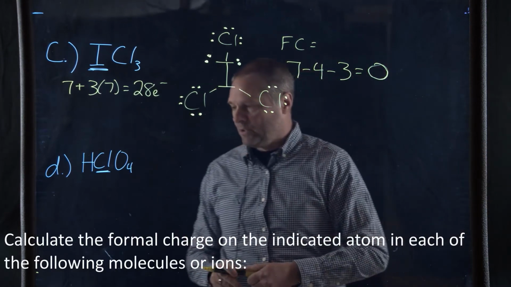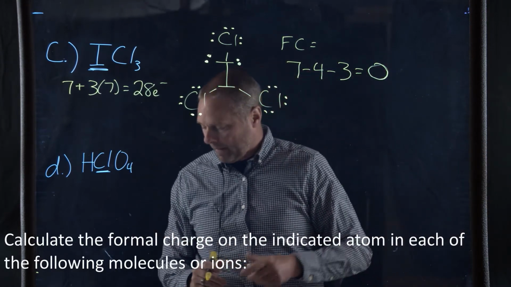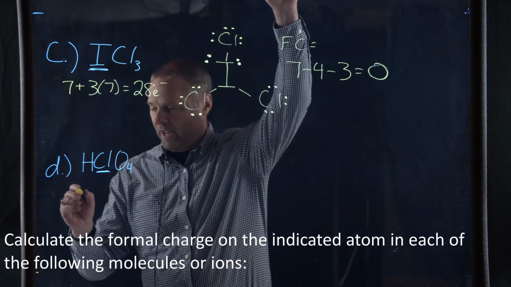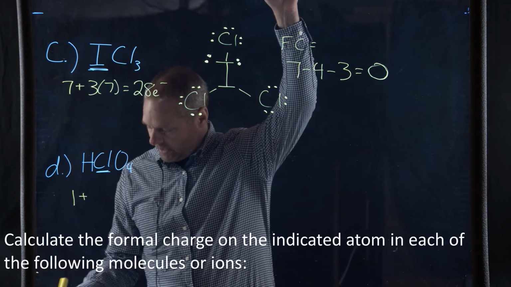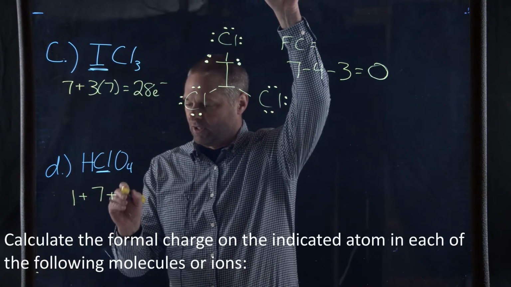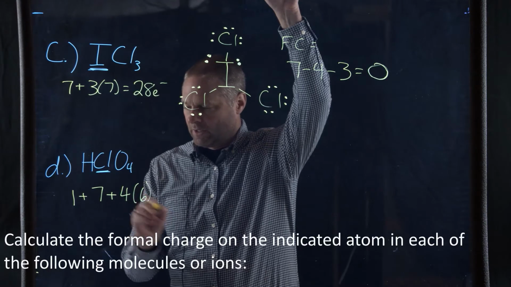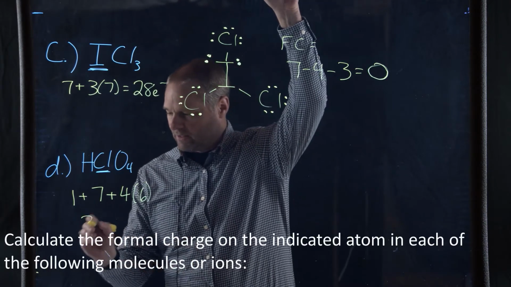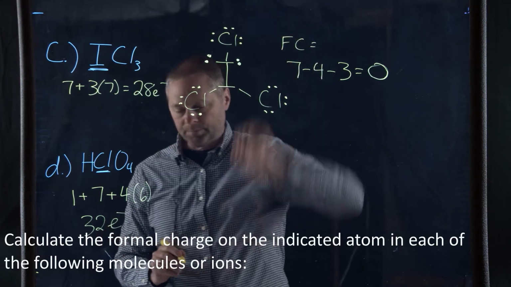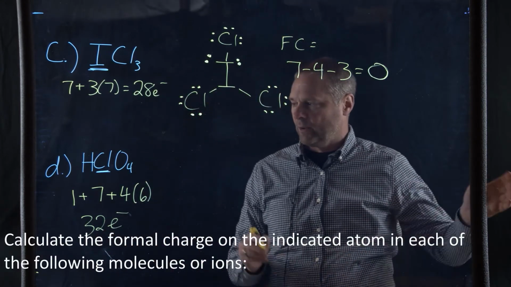Now we can go down here to the perchloric acid, and if we're going to count the number of valence electrons, hydrogen has 1, the chlorine is going to have 7, and each oxygen is going to have 6. And this gives us 32 valence electrons we have to account for.